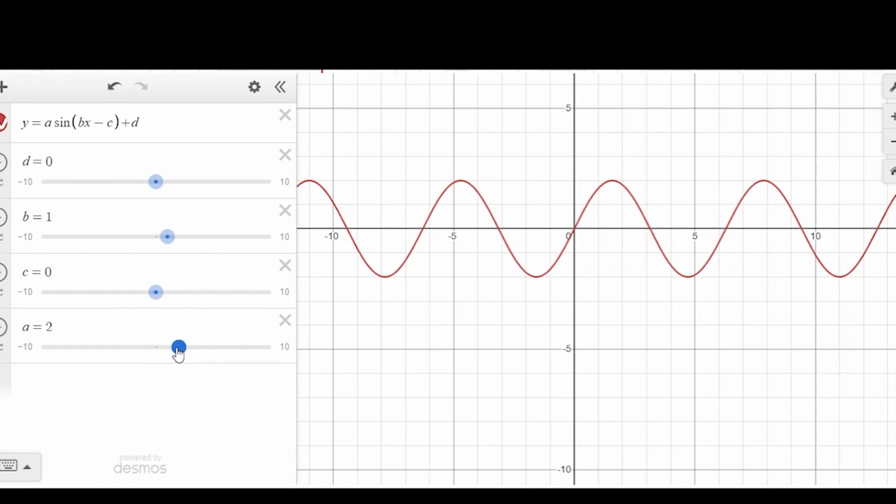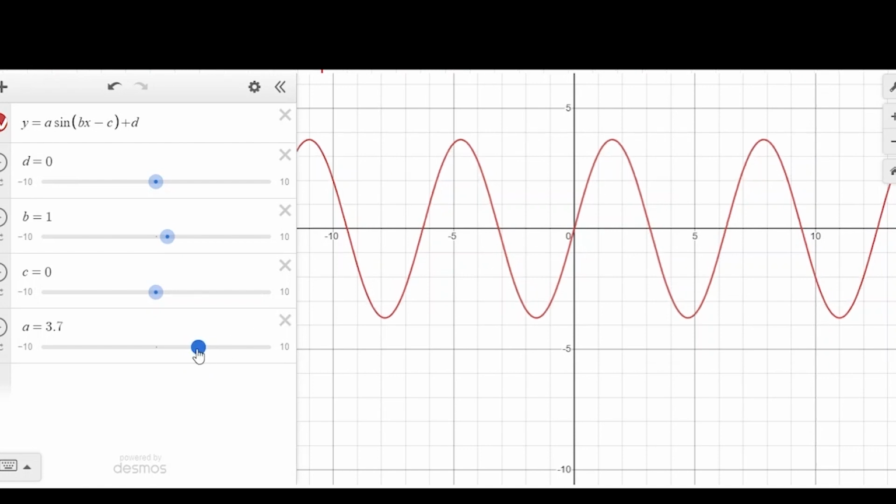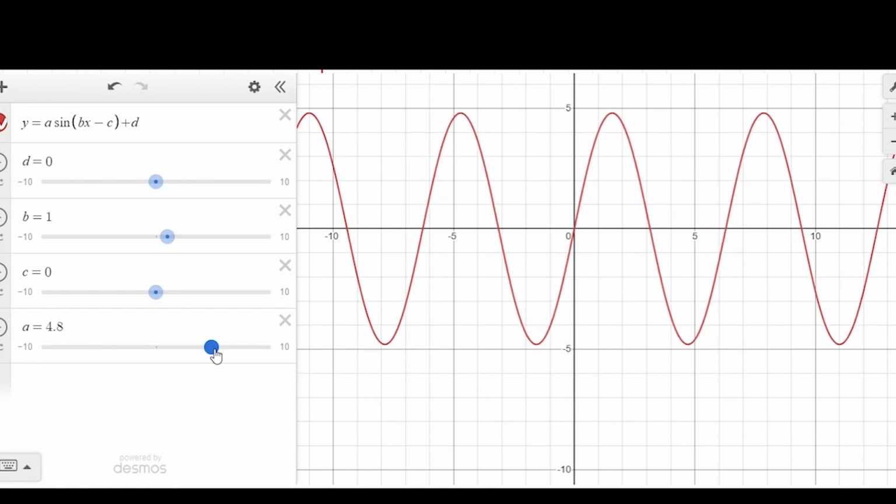Okay, if I change the value to 3, now you can see that the amplitude is increased to 3, and 4, and 5. So this value of a over here, you can see clearly that this value of a changes its amplitude.